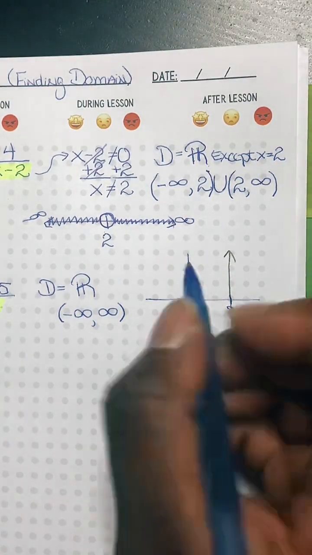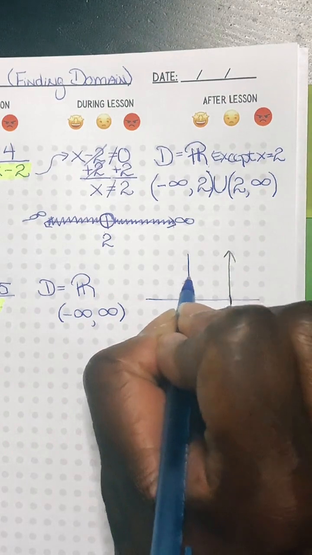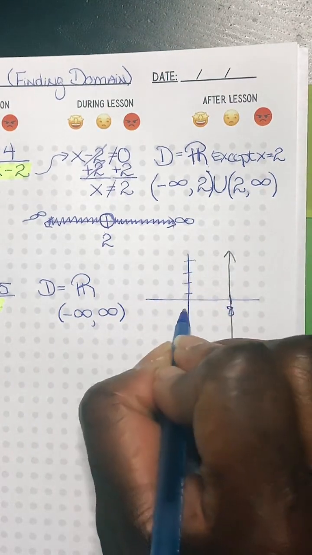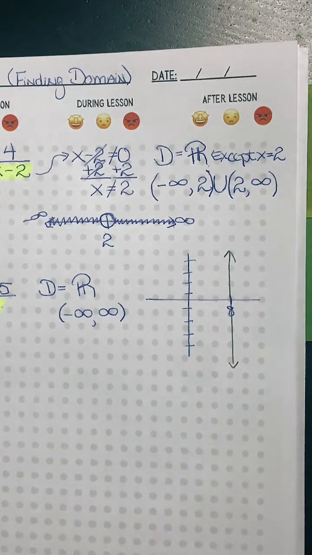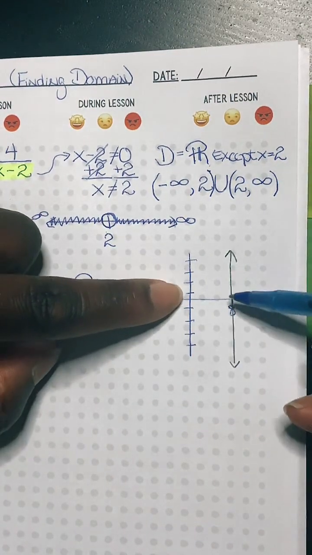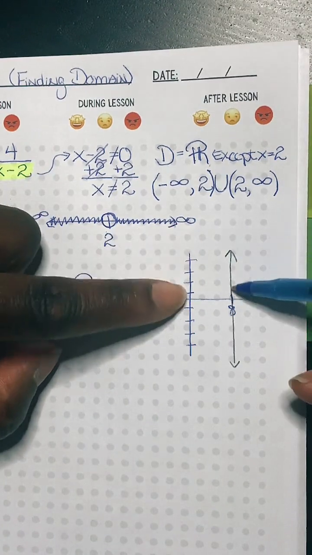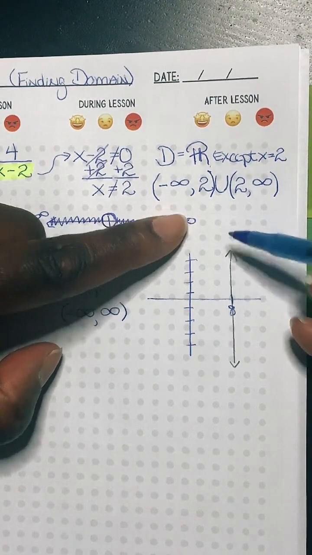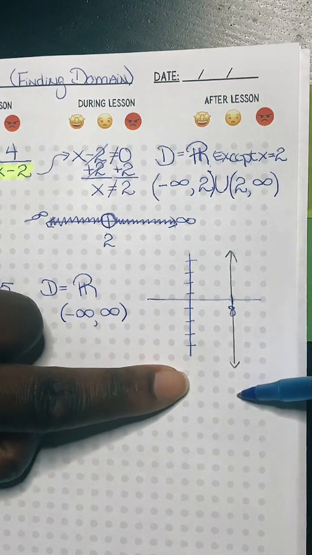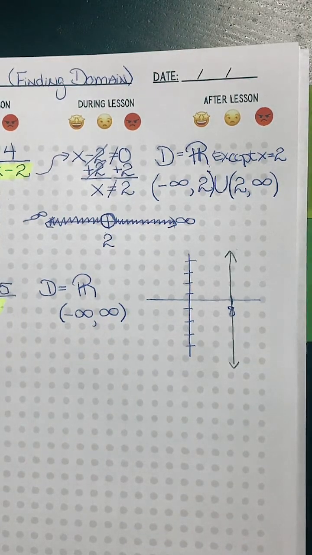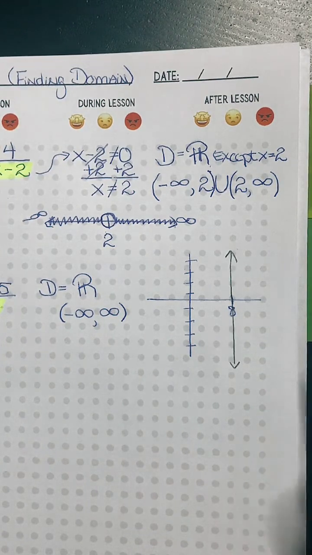Okay? These are my y's. Okay, so my y's, as it continues on, is going all the way up to positive infinity, and all the way down to negative infinity. Okay, so it's going to be all real numbers.